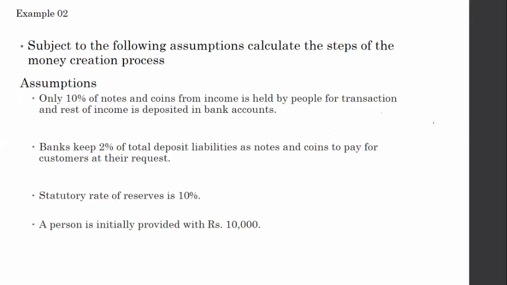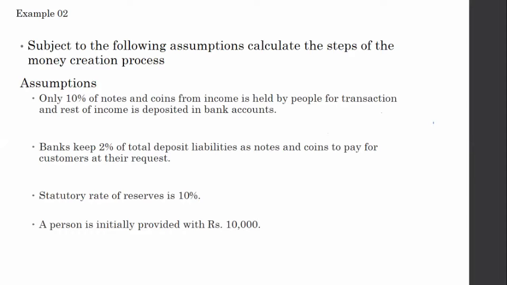Now the person is initially provided with rupees 10,000. So you are asked to do the money creation process and calculate the total money at the end of all these rounds.